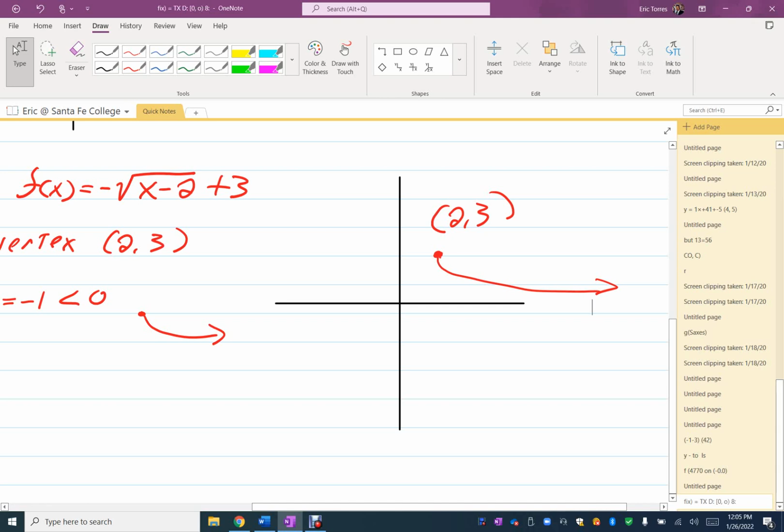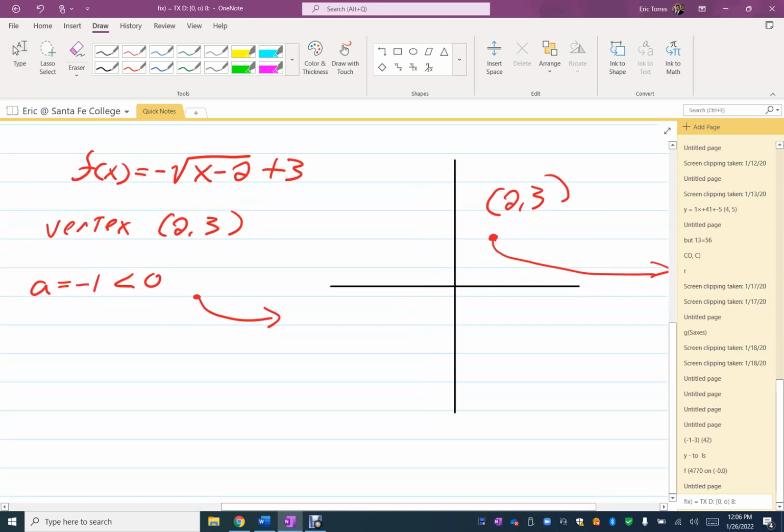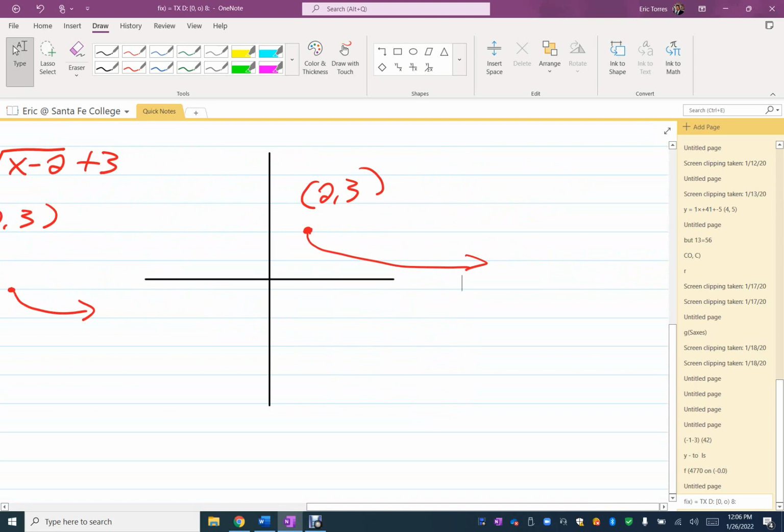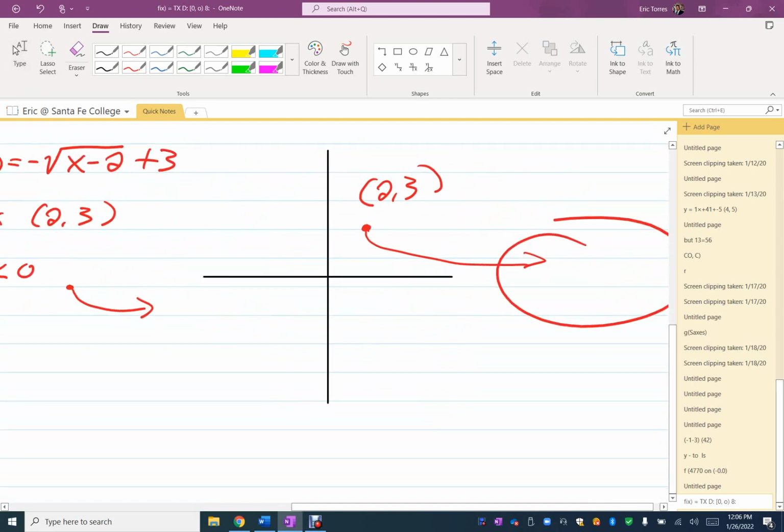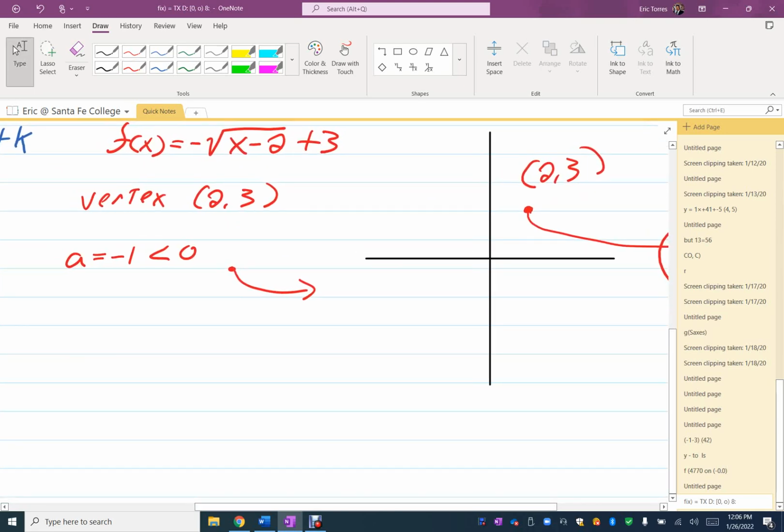This particular graph looks like it will cross the x-axis at some point. So it does look like at some point I will have a y value equal to 0. So if I wanted to find that point somewhere over here, where y goes to 0, I'll plug in 0 for the y value and solve.